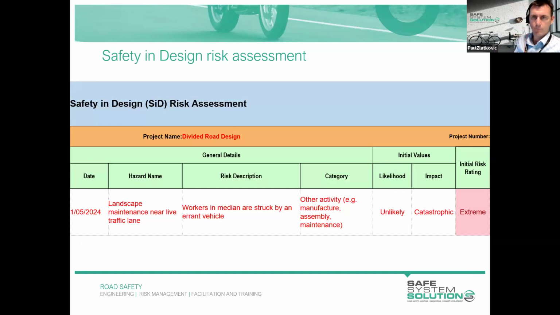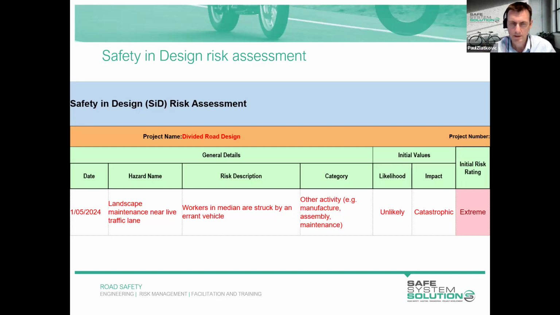So this was my pre-webinar assessment of the risk, which was fairly close to the group's. I think I said unlikely rather than possible, but catastrophic, I was on board with that. So my initial risk rating ended up being the same, an extreme as well.